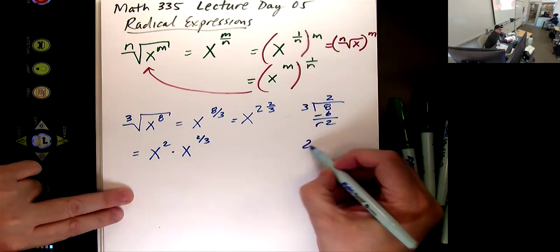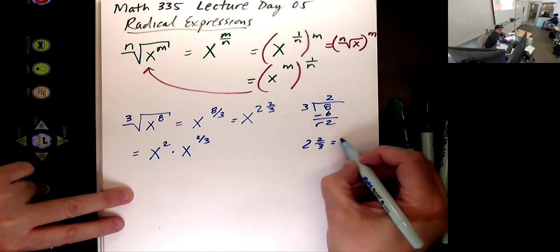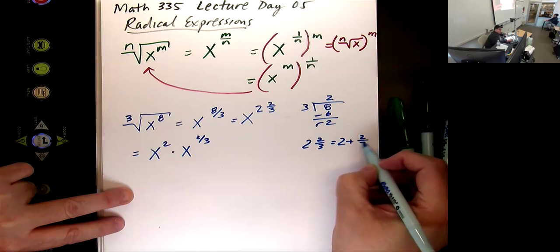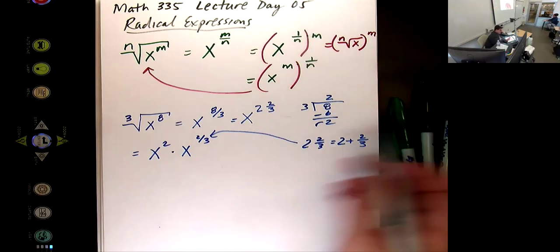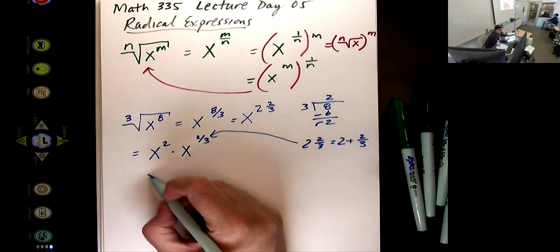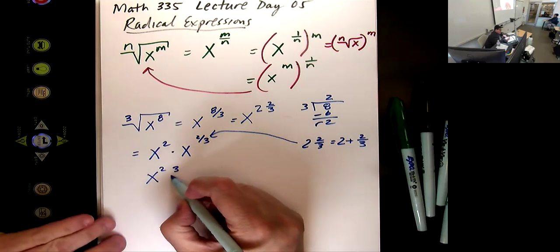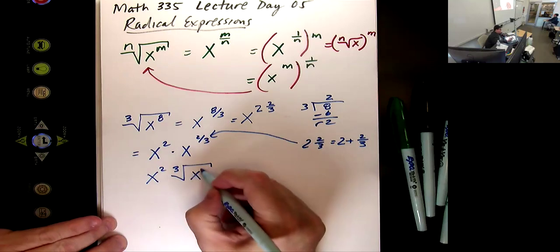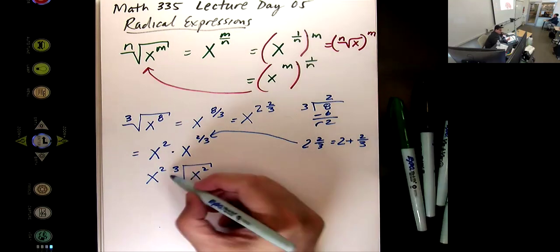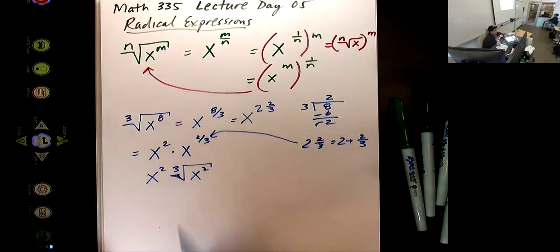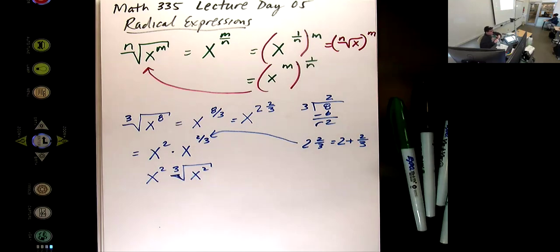Because 2 2/3, despite writing like that, it really means 2 plus 2/3. So that can split into this, and this goes back into the radical. And we still have 2 x's in there, x squared, as you were saying. But we were able to pull out an x squared. Which makes me think I shouldn't have used something that had 2's on both spots.